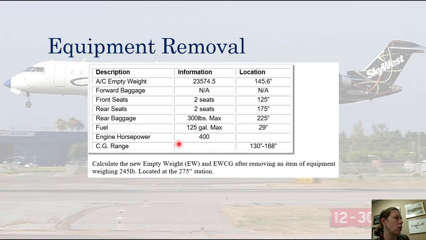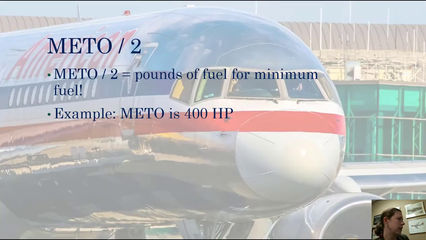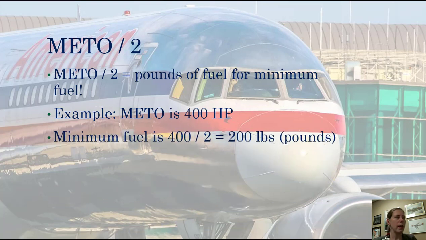That is our METO horsepower. Okay, so going back over here to my example, our METO is 400 horsepower. So by my formula, all I have to do is divide 400 by 2, and that tells me it's 200 pounds. Notice this formula gives us pounds. So it's very simple. We take the horsepower, we divide it by 2, and that gives us our minimum fuel for theoretical adverse loading in pounds. Recall that it is pounds, extremely important to note.